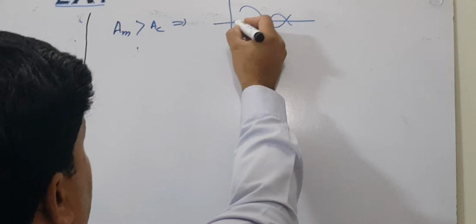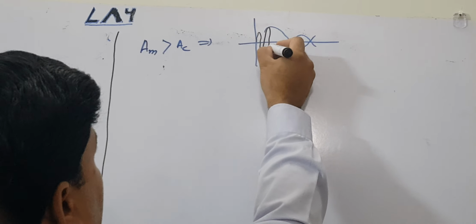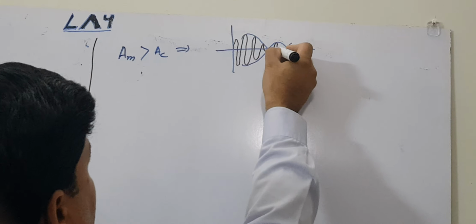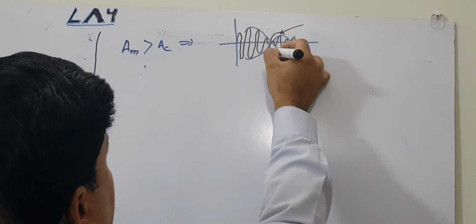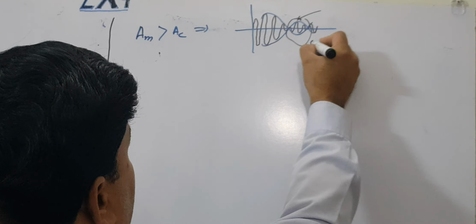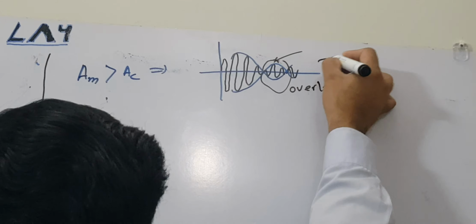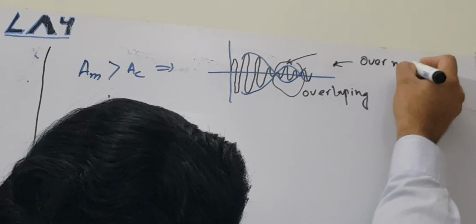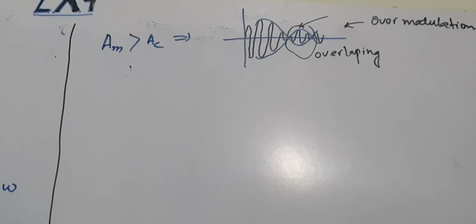You can see that this is the portion which is overlapping, and then you can say it is over modulation, which is the case of crosstalk.